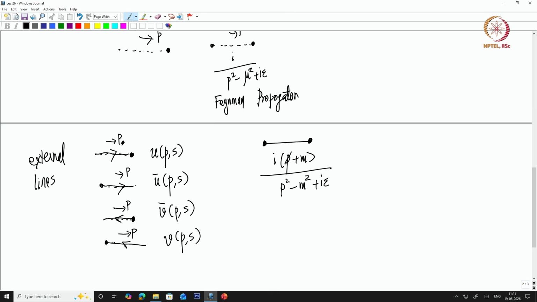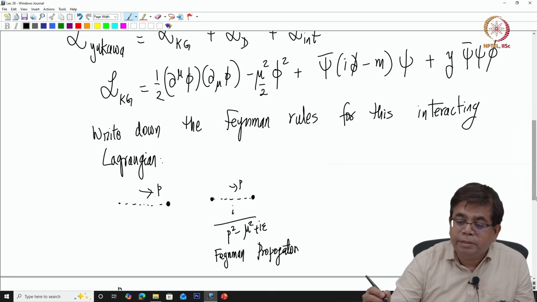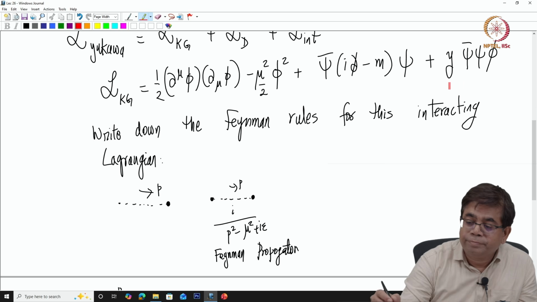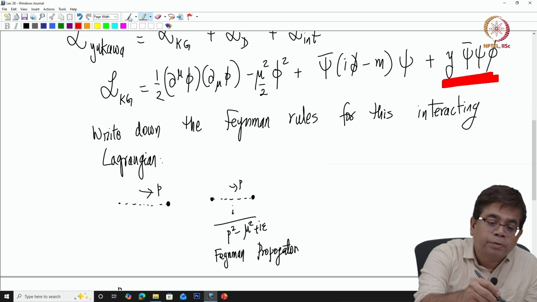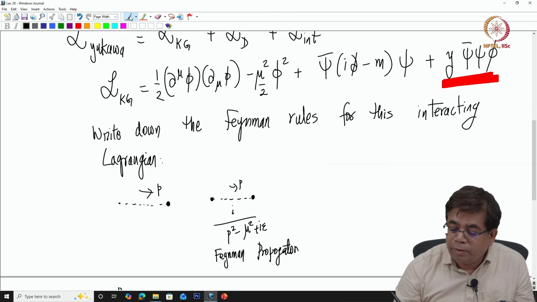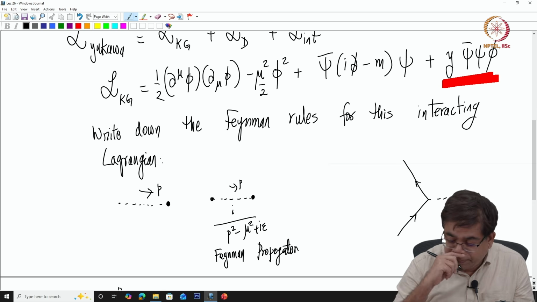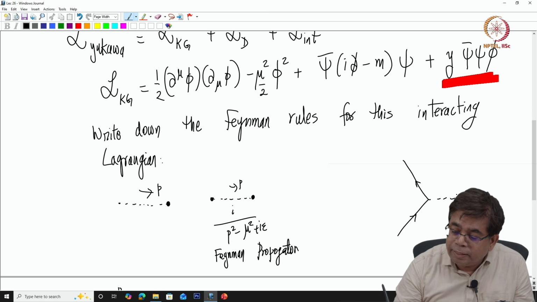Then there is one thing which we have still missed, and that is the vertex essentially. So the vertex here is this part. Okay. So in this part you have a scalar coming in, scalar going out, a fermion coming in, fermion going out, and there is a scalar.